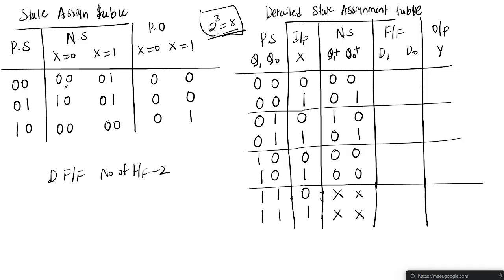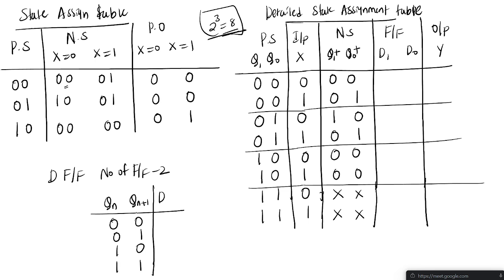Did you see the excitation table for D flip flop? Qn+1. Did you remember the excitation table? 00, 01, 10, 11.